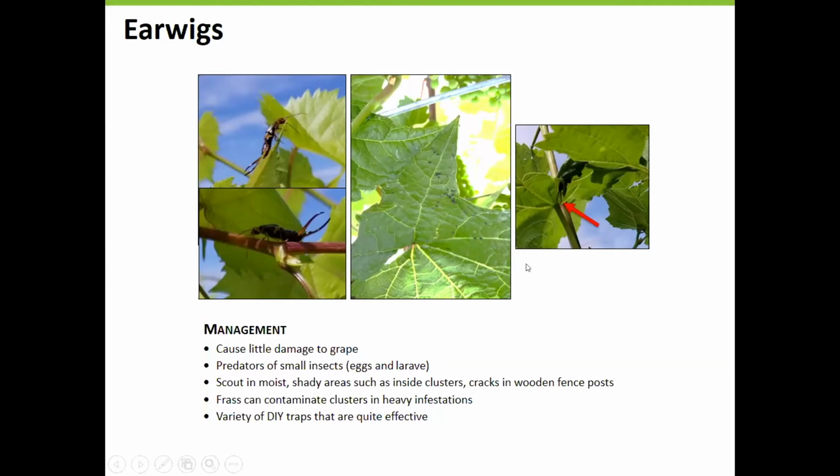If numbers are high enough, it can make a bit of a mess in your clusters. This middle image, it's hard to see, but this is frass. So basically insect poop. And high infestations mean a lot of it. And if they're maneuvering through the clusters where it's kind of dark, they can make quite a mess. This would not be a pest that I would recommend managing with sprays.